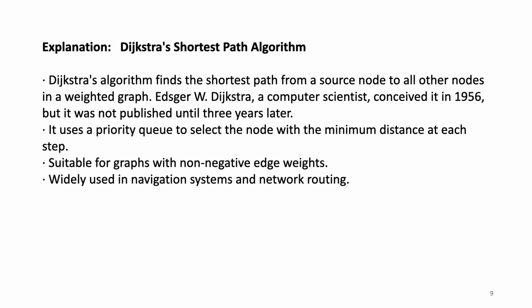It uses a priority queue to select the nodes with the minimum distance at each step, suitable for graphs with non-negative edge weights. Navigation systems, for example, and network routing is where it's widely used. He came up with this shortest path back in 1956, but it wasn't published until 1959.